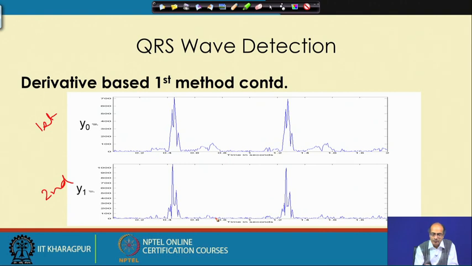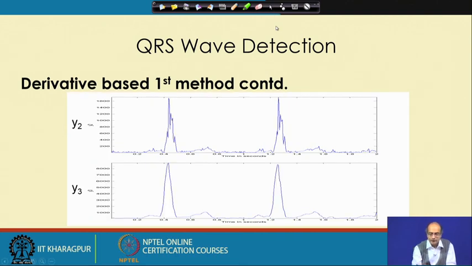So, they have multiple local peaks in them, and when they are combined, that should help to get a better representation of them. Okay.